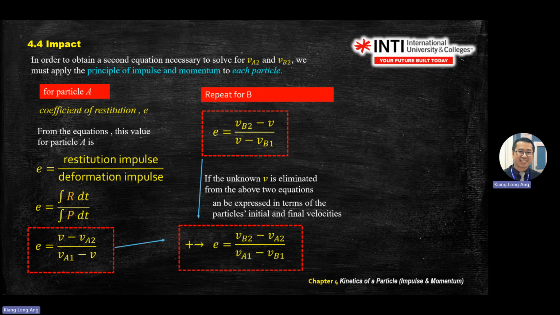if you do for A and B, you arrive at e equal to (VB2 minus VA2) over (VA1 minus VB1). Okay, so this is after a long derivation, you arrive at one equation, really this one.